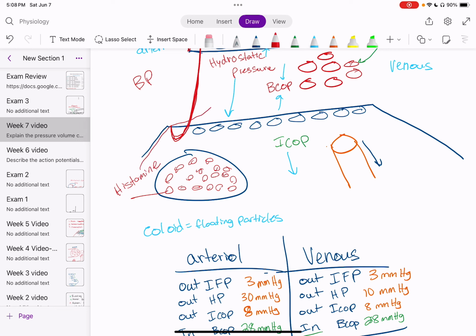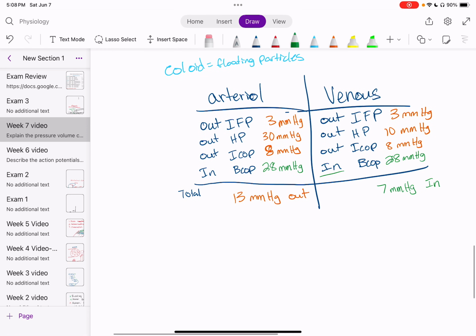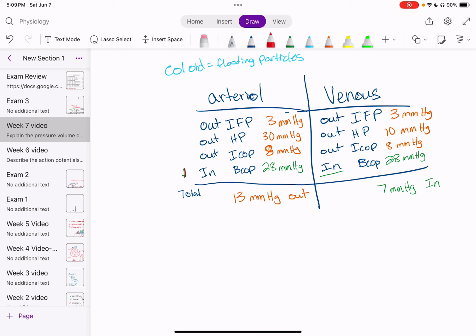What histamines do is they open this up. They create a hole right here. And what that does is the BCOP, therefore, runs out and is lower. So if we have the BCOP lower, we will have a higher percentage out and a lower percentage in.